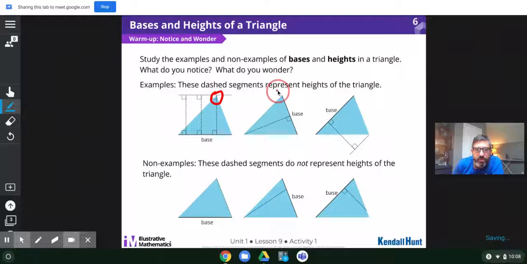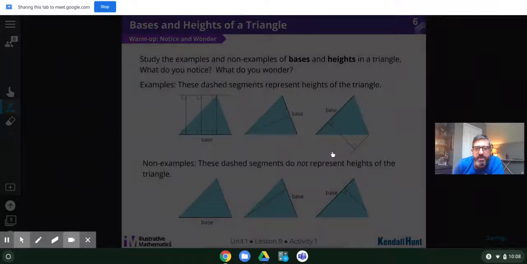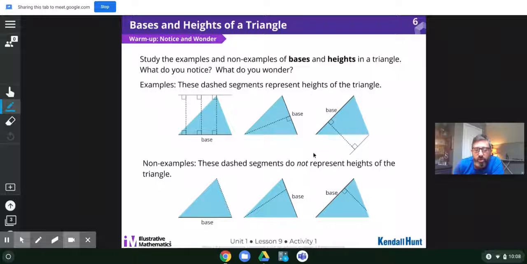In this example, in the middle, they chose the base as this line segment. No matter which line we choose, we have to draw a perpendicular line to the opposite vertex. So where is the vertex? Where are the vertices, which is plural for vertex, in this triangle?